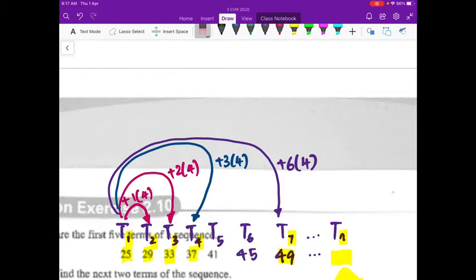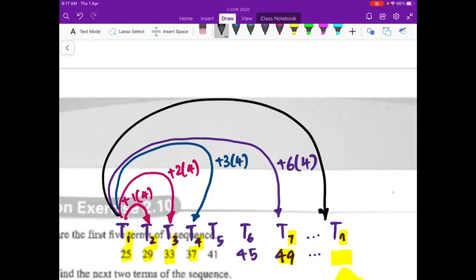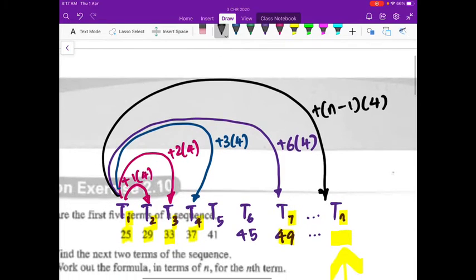It is always minus 1. From here to here, plus n minus 1 times 4. Okay, take some time to absorb it first. We are not done yet.